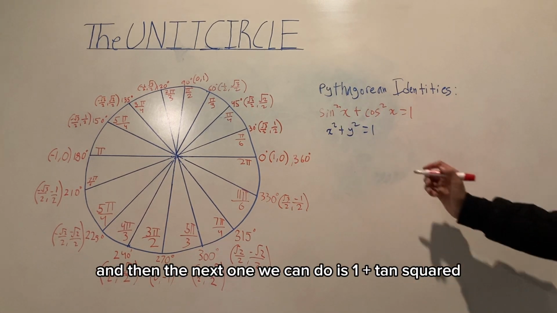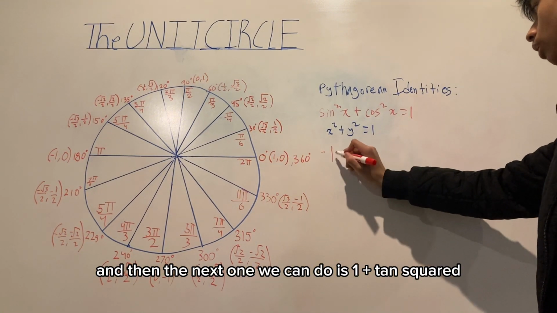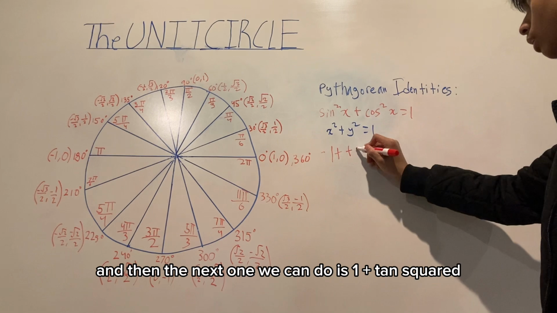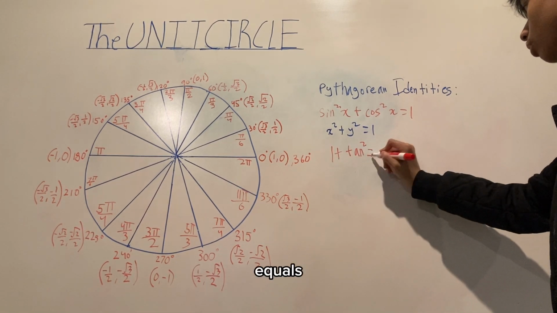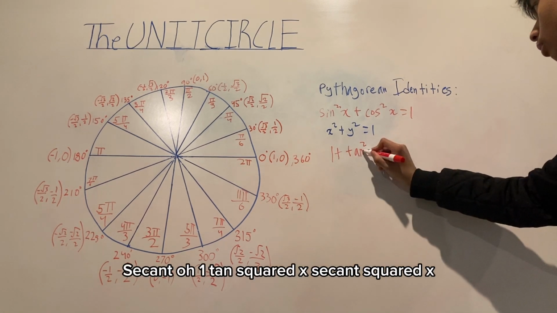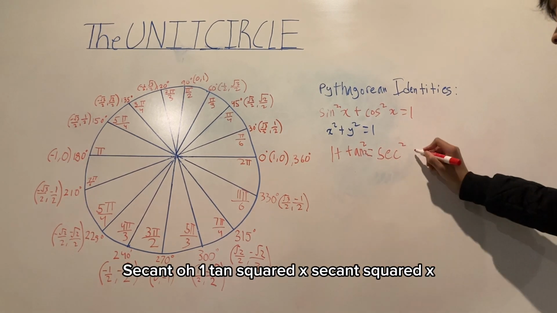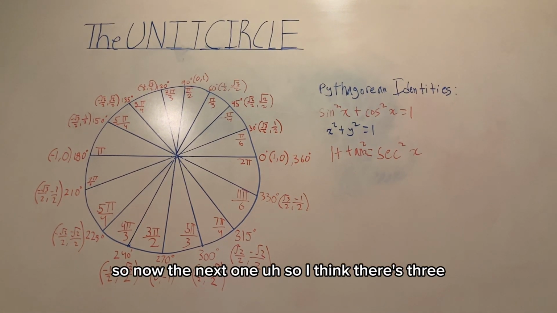And then the next one we can do is 1 plus tan squared x equals secant squared x. Now the next one, as I was saying, there's 3.